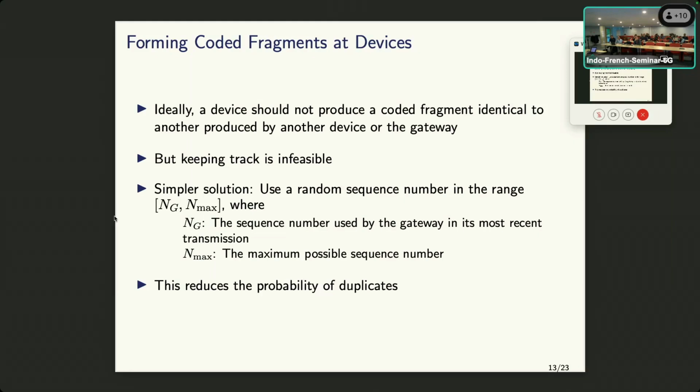For example, the 3GPP Raptor code, if I'm not wrong, has a 16-bit sequence number, so 2 to the power 16 minus 1 would be the largest sequence number. So from the last sequence number the gateway used up to 2 to the power 16 minus 1, that's the entire window over which one random sequence number will be chosen. And obviously that will reduce the amount of collision to the best possible extent.